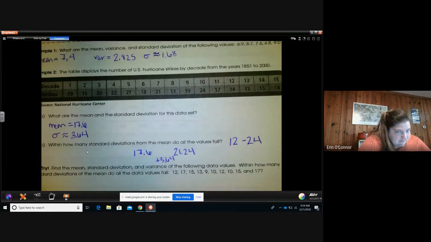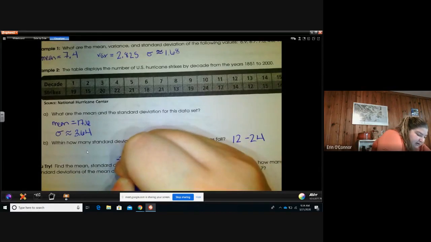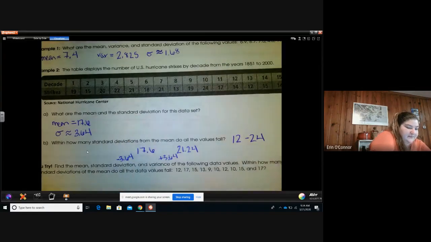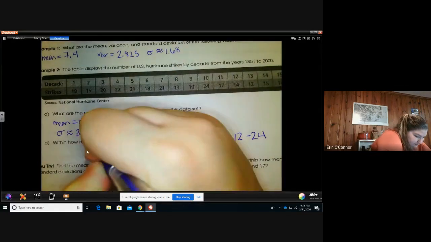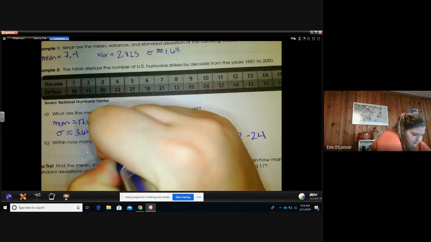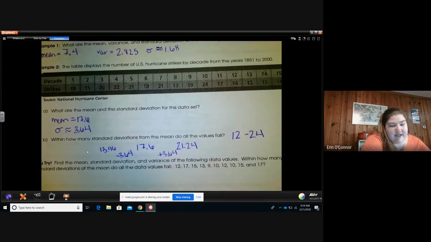But since 17.6 is in the middle, we also have to subtract it to find the lower end of this. So we're going to do 17.6 minus 3.64. And I get 13.96. Now, are we at 12 and 24 yet for these?